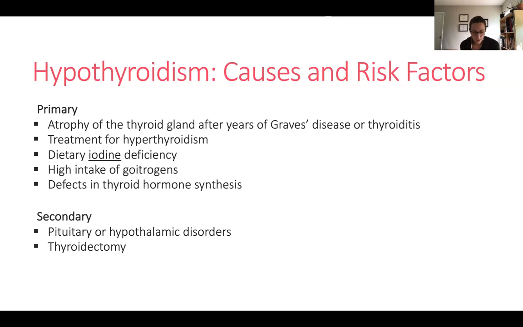Then the secondary causes could be a deficiency of thyroid stimulating hormone, related to either pituitary or hypothalamic disorders. And it could also be from a thyroidectomy. So if they had a tumor in the thyroid that they had to remove, that can lead to hypothyroidism, or even if they had hyperthyroidism and had surgery to remove it, that can lead to hypothyroidism.